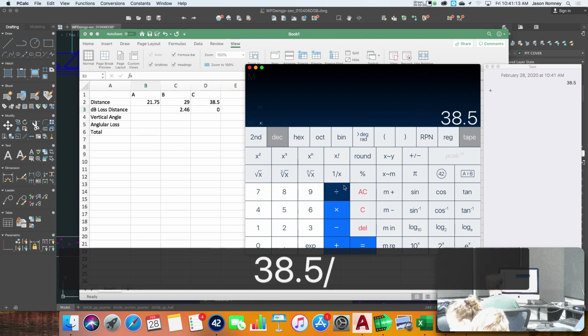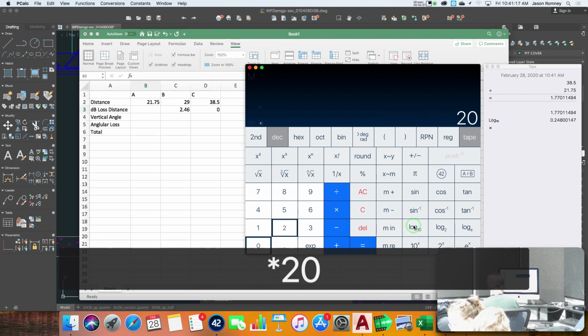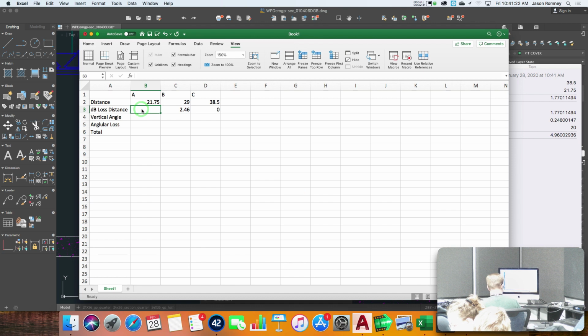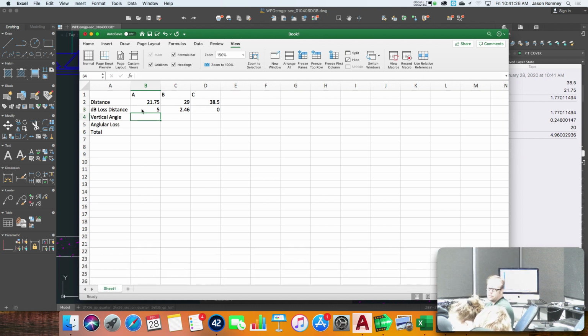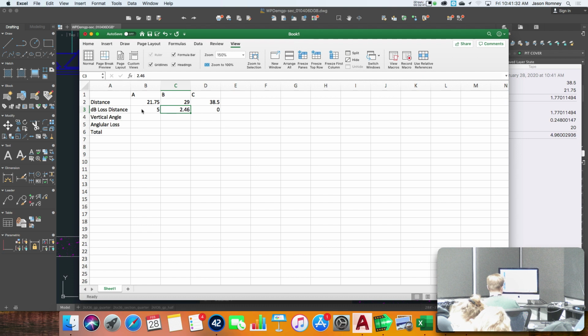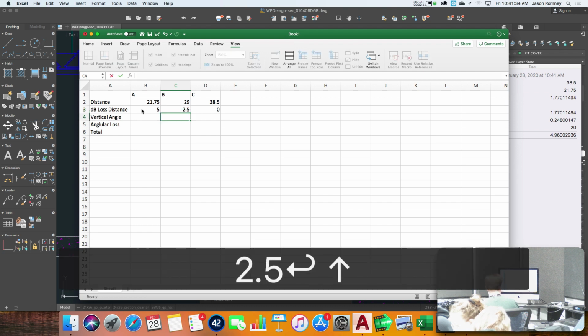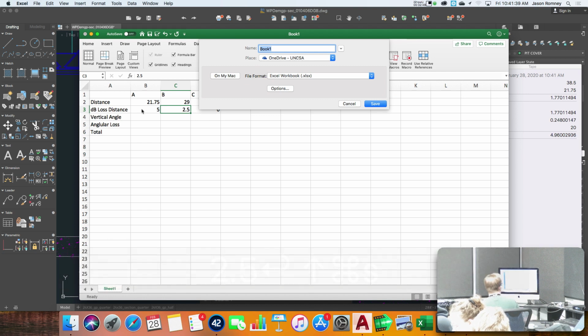Log 10 times 20, I get 4.96 dB. I'm going to call that 5. OK? Oh, and those are positive numbers, right? At the moment, yes, because we're gaining because we're getting shorter, right? And just to simplify my math, I'm going to call this one 2.5 because we're sound people. We like small numbers. Let me save this here just so that I've got it.